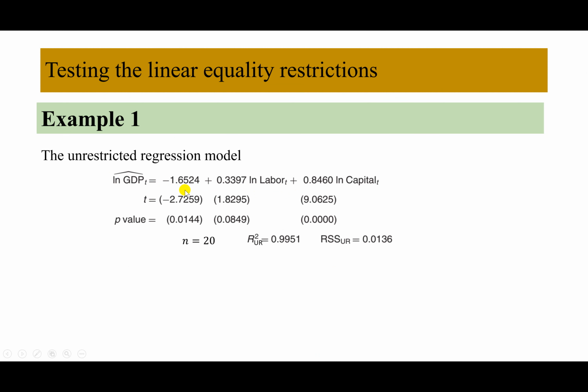The T ratio of the constant term is minus 2.7259.